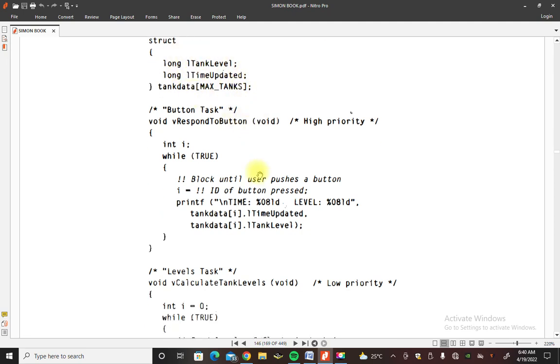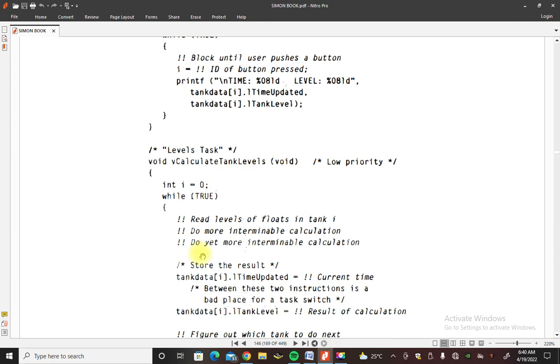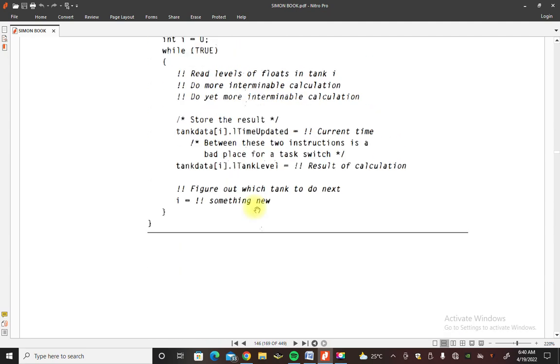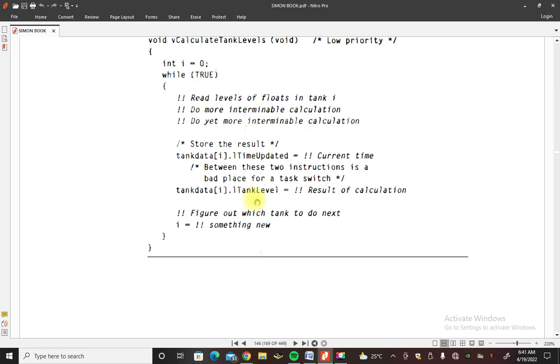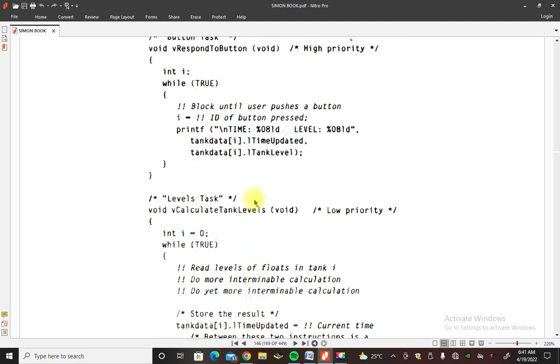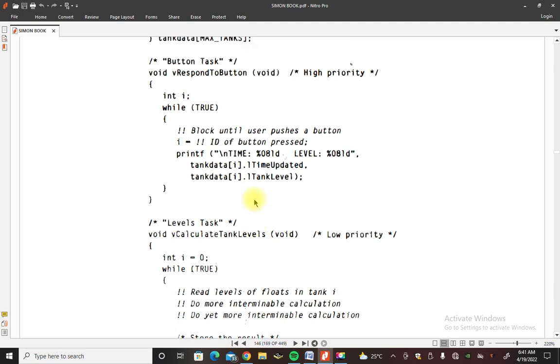There is a button task, which responds to the button and has the highest priority, and there is a level task which calculates the tank level. Switching between the tasks will happen automatically whenever the highest priority task unblocks. That is the underground tank monitoring system we discussed.